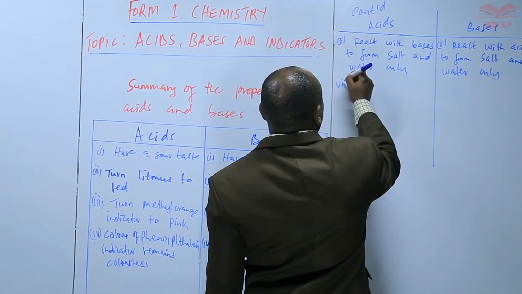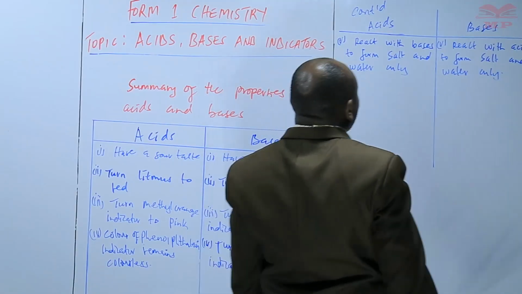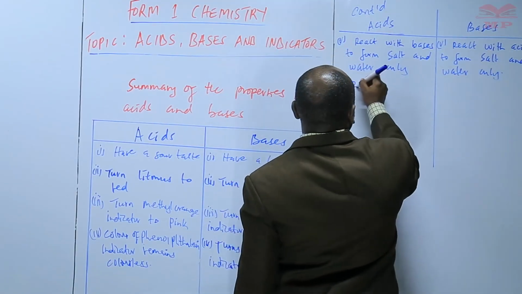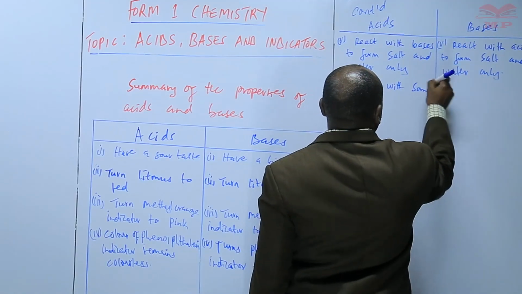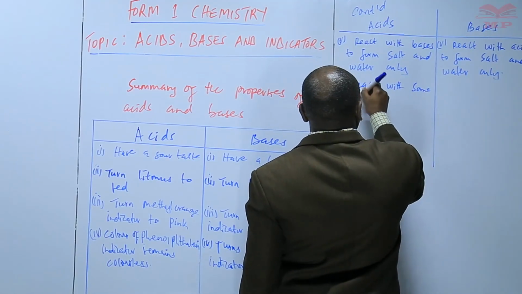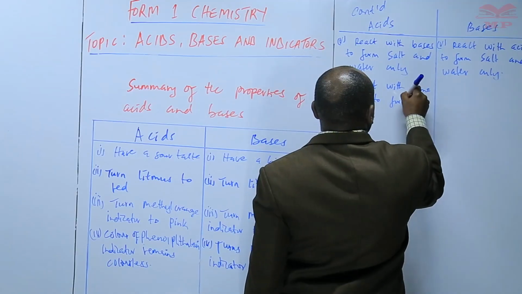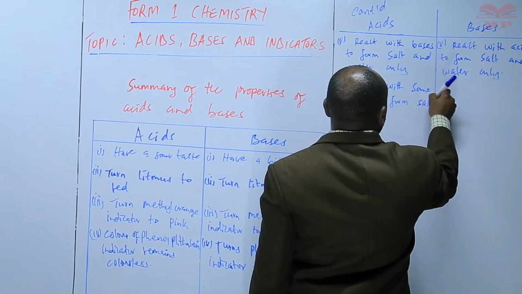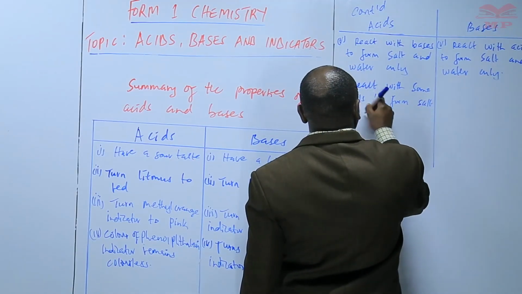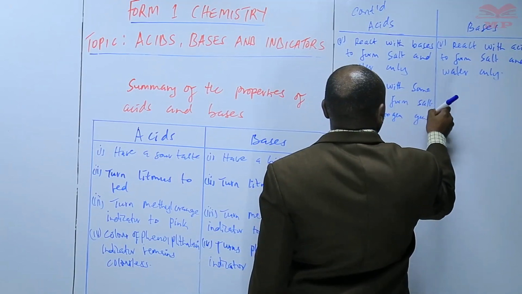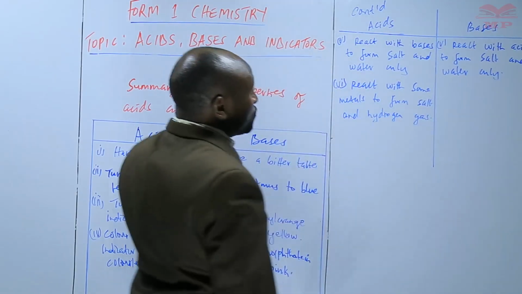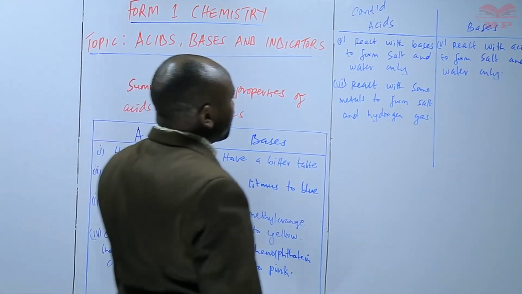In addition to that, number 6, acids react with some metals to form salt and hydrogen. Of course, bases do not react with metals.